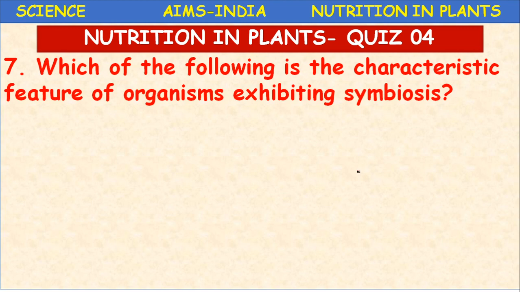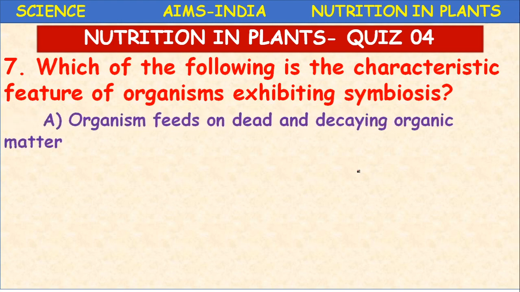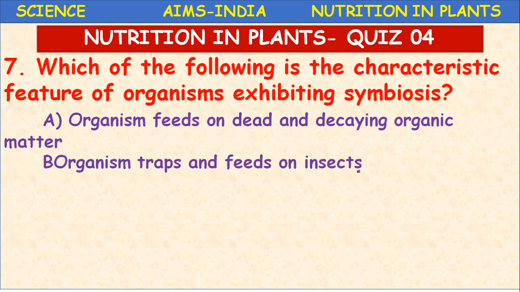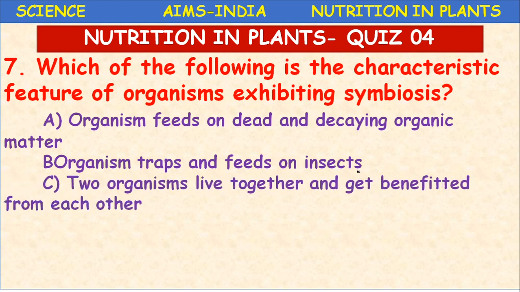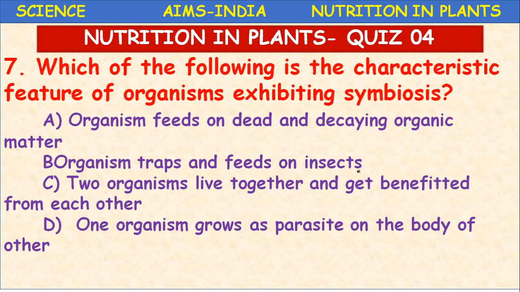Next question. Which of the following is the characteristic feature of organisms exhibiting symbiosis? Organisms feed on dead and decaying organic matter. Organisms trap and feed on insects. Two organisms live together and get benefited each other. One organism grows as parasite on the body of other.